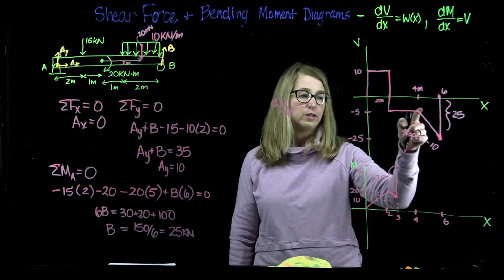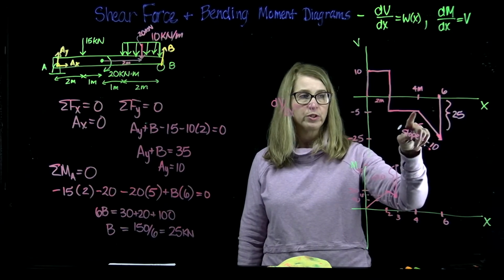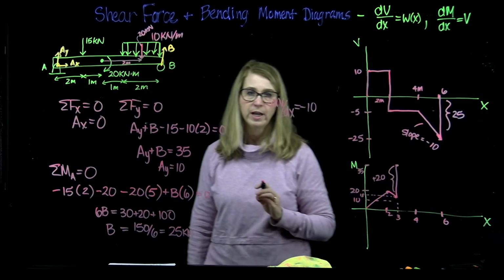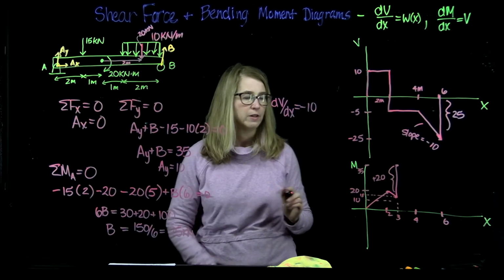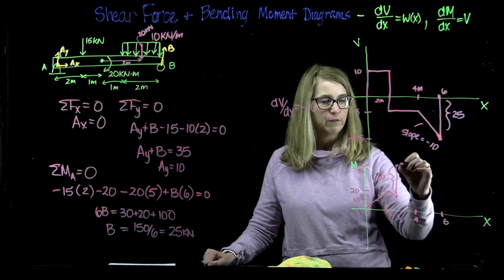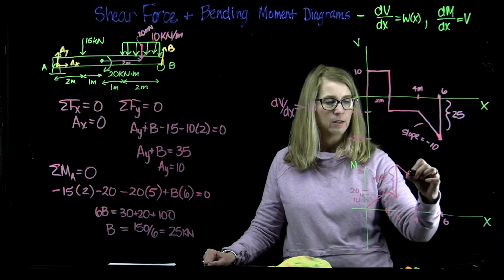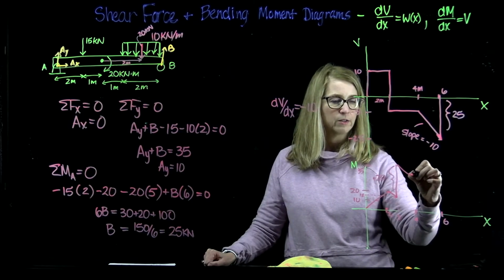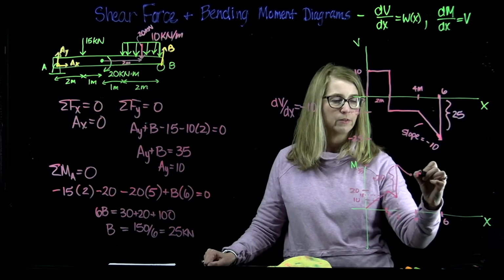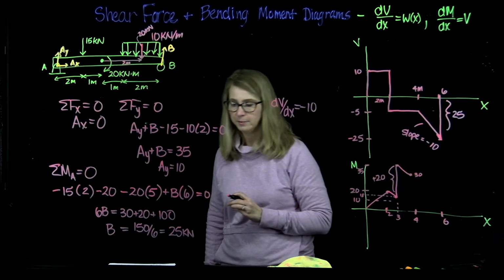Now, we're still in this region where the shear force has a value of -5. So from 3 to 4, I'm going to go down 5 again. And so when I get to 4, this has a value of 30, okay?